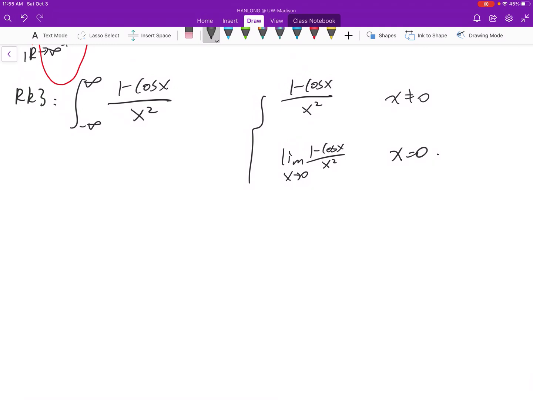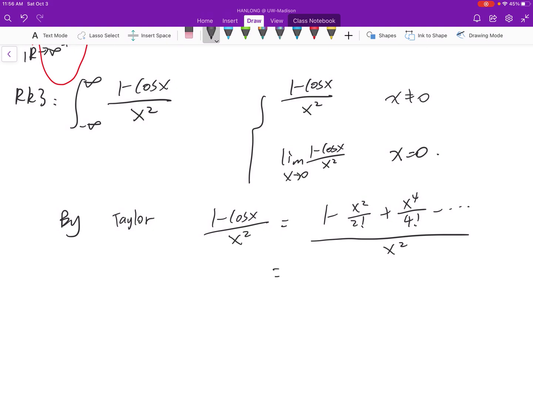Okay, because you cannot just plug in 0 here, but by Taylor expansion, 1 minus cosine x divided by x squared is 1 over 2 factorial minus x squared over 4 factorial plus x to the 4th over 6 factorial.